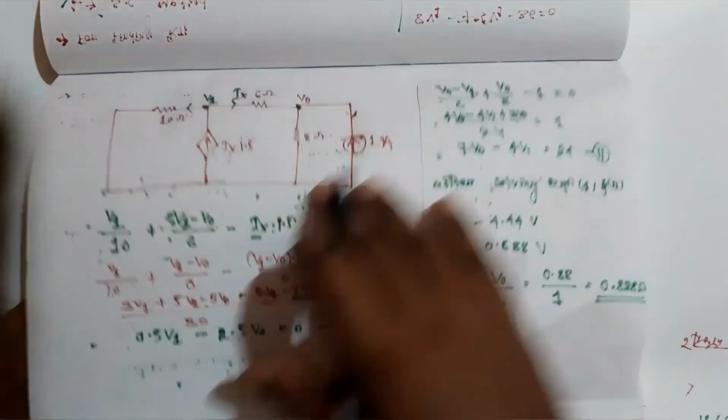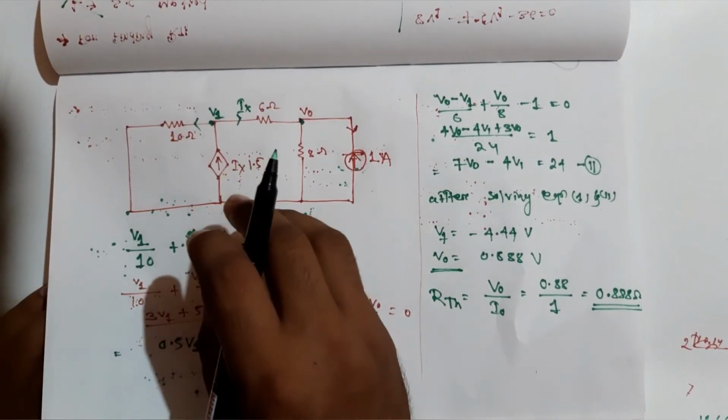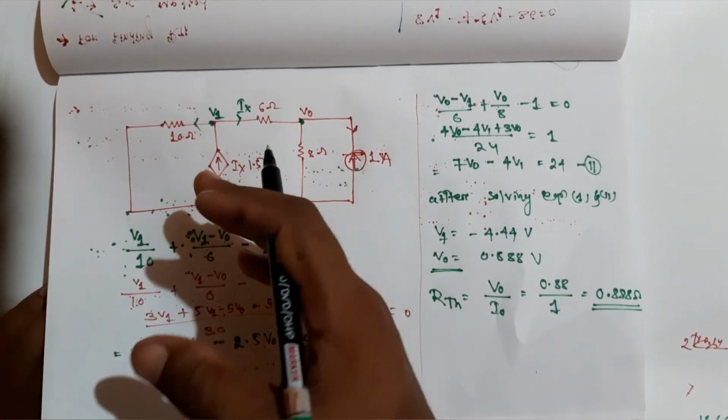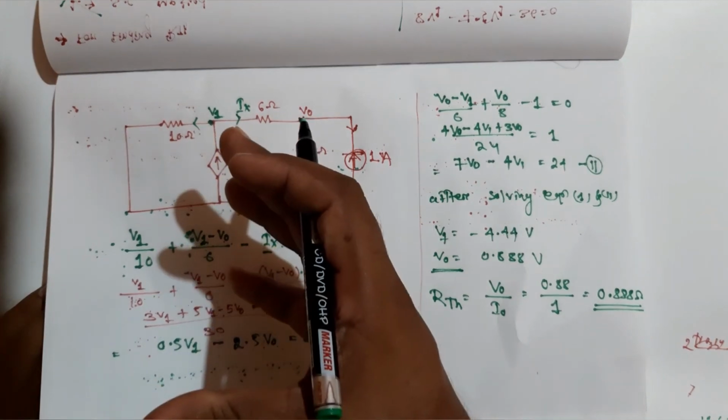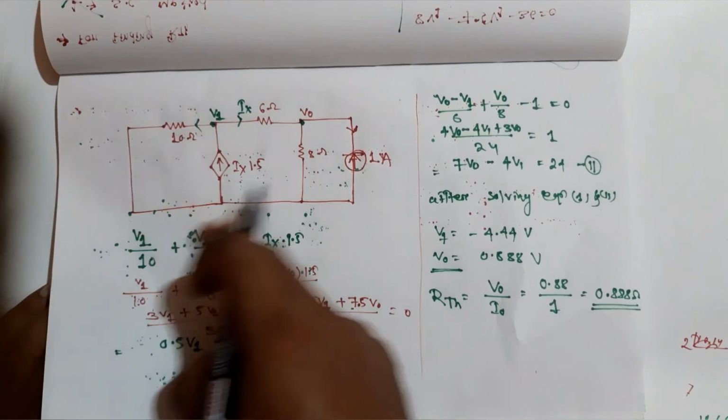One difference is that if a dependent source is present, there is another approach to find the Thevenin's resistance, which is so much different.